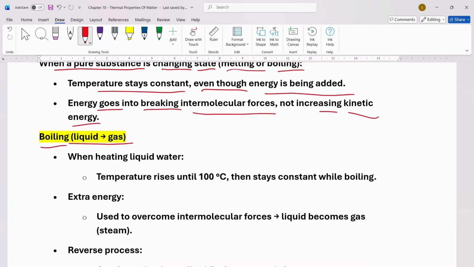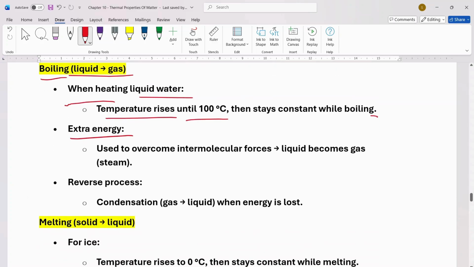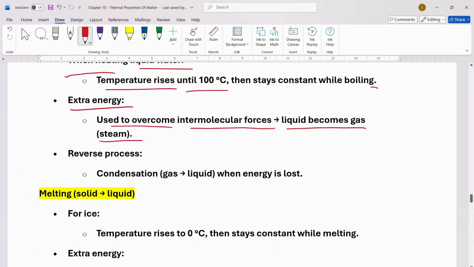Boiling, liquid to gas: when heating liquid water, temperature rises until 100 degrees centigrade, then stays constant while boiling. Extra energy is used to overcome intermolecular forces. Liquid becomes gas in the form of steam. Then we have the reverse process, condensation. Here gas turns to liquid when energy is lost.